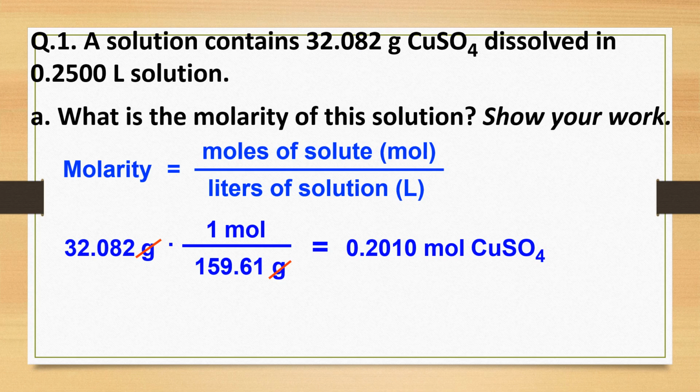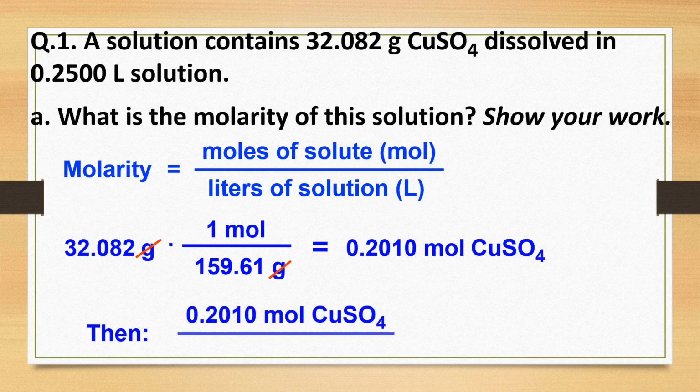Once we have the mole numbers of our solute, we're going to divide that by our solution volume, which is in liters. Remember, the standard unit for molarity is moles per liter. So if your volume was given in any other unit, such as milliliters or cubic centimeters, you have to convert it to liters before you can move on.